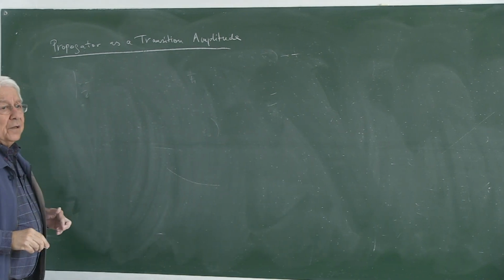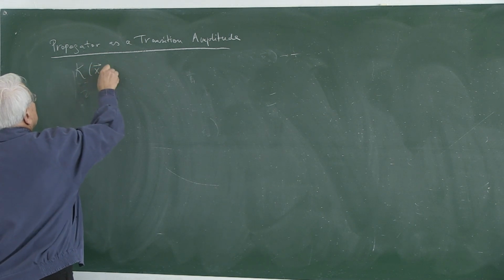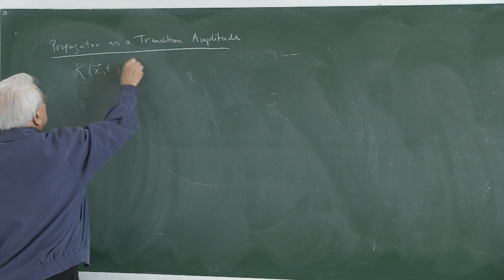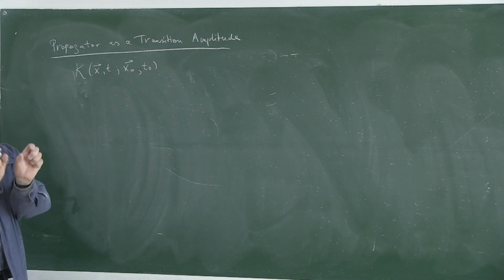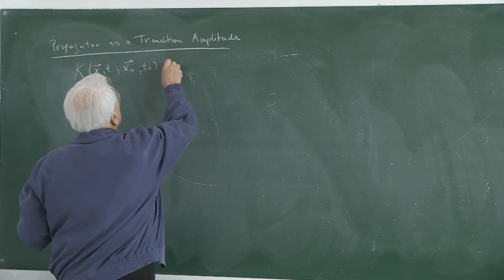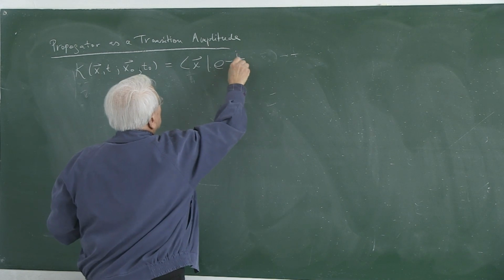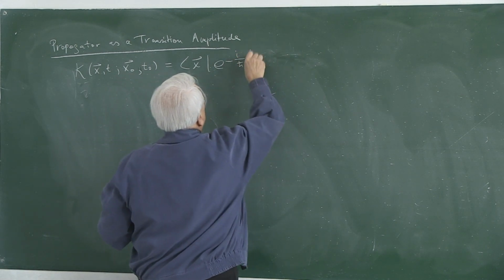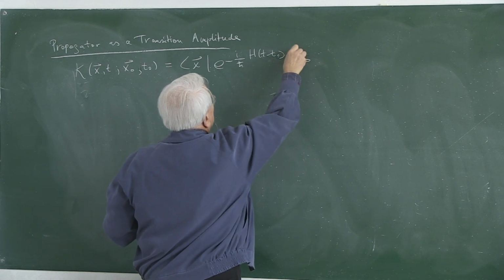intensively. What was the expression we had? x t, x0 t0. Now I go to the more orthodox notation of using the same labels for the x's and t's. This was x e to the minus i over h bar H (t minus t0) x0.